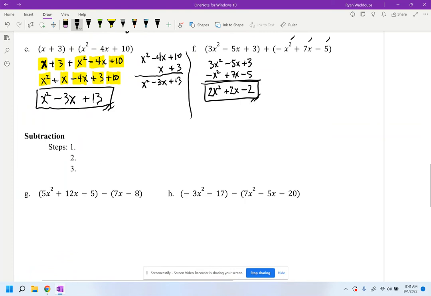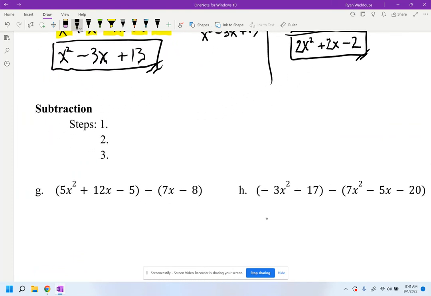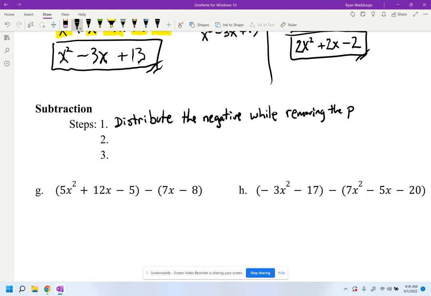All right, in subtraction, you have to first distribute the negative while removing the parentheses.